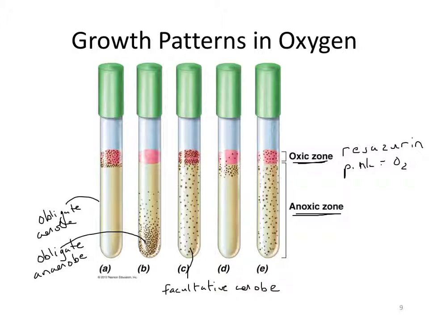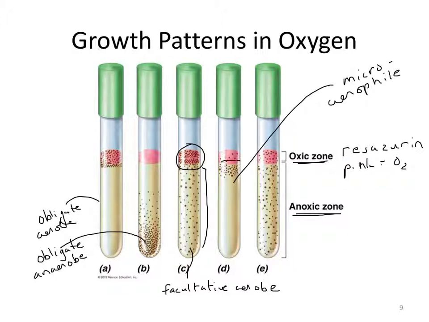And I know that because it's growing better where there's oxygen. There's more cell mass there, but there is also cell mass through here. Okay, so it can grow with or without, but it prefers to grow, or it grows better, in the presence of oxygen. The D tube is a microaerophile. So it's growing in the presence of oxygen, but preferentially where you have low concentrations of oxygen.